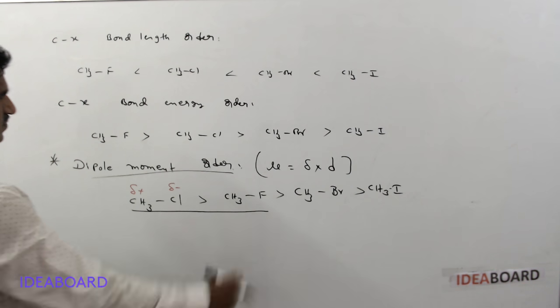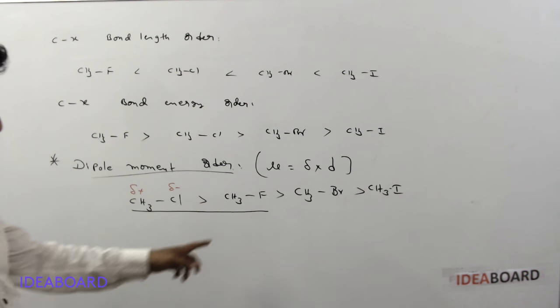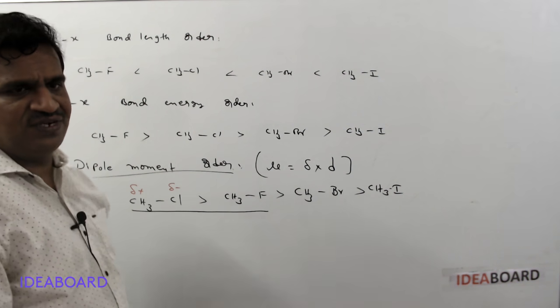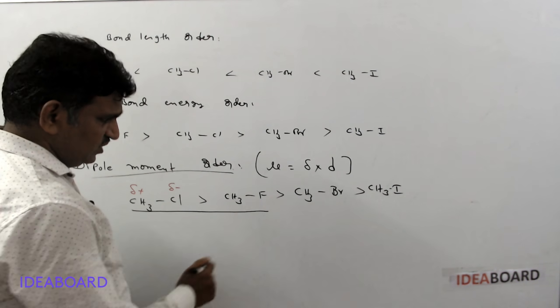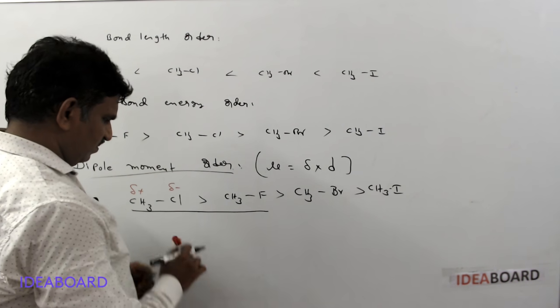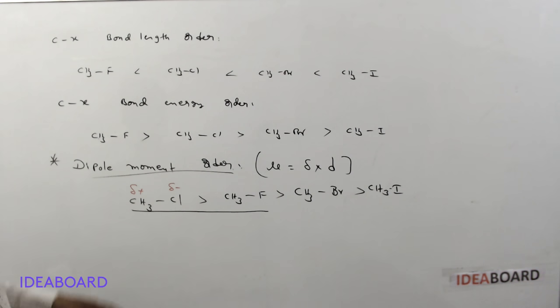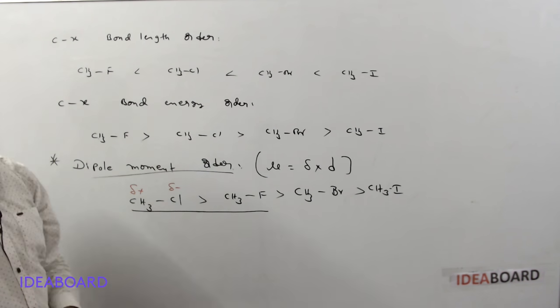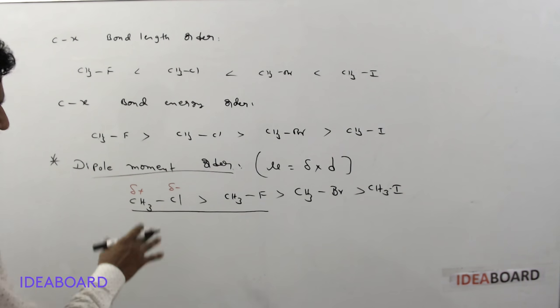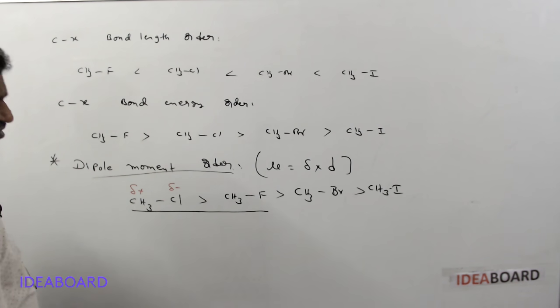Why is CH3F not having more? Fluorine has a high electronegativity, so compared with chlorine, fluorine has a high charge. But bond length values also need to be considered in calculating the dipole moment.